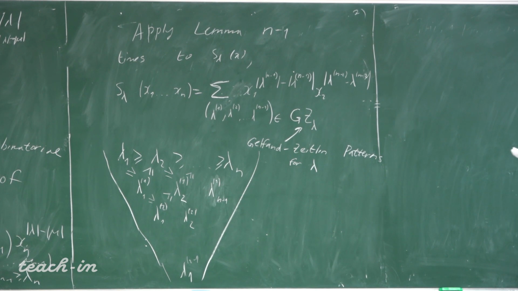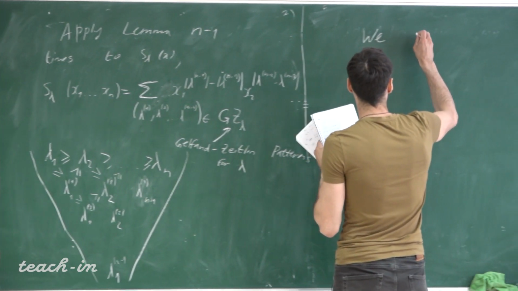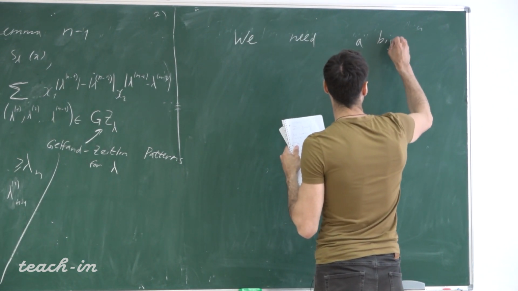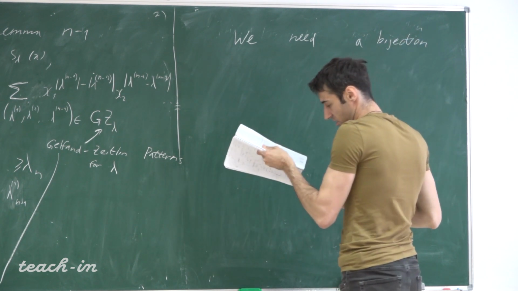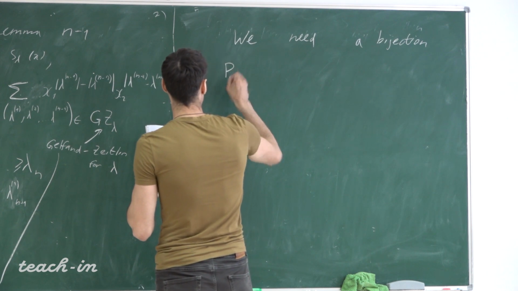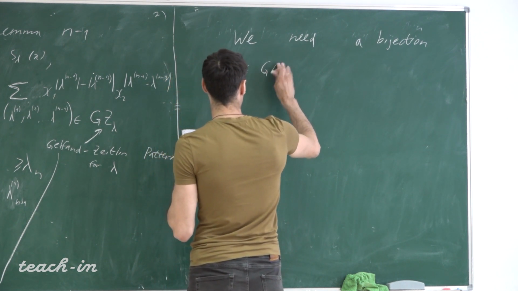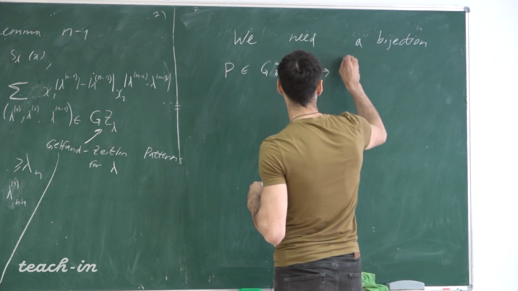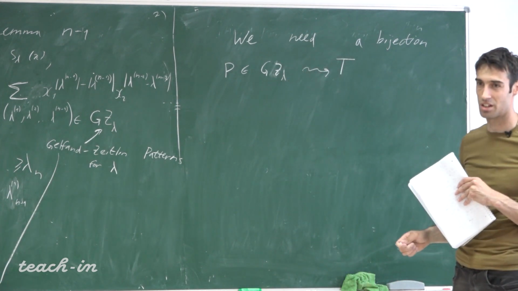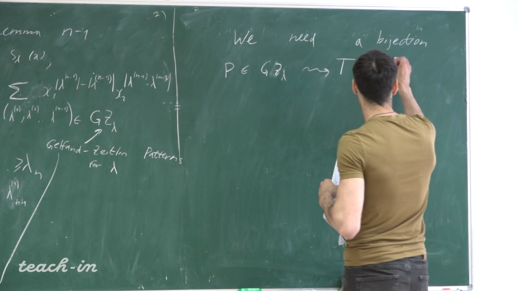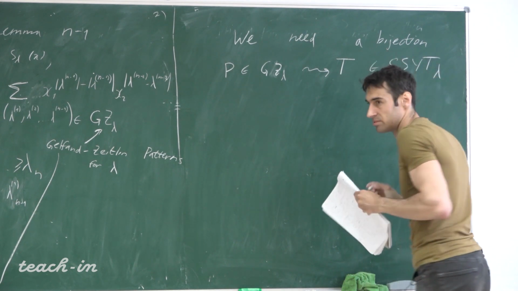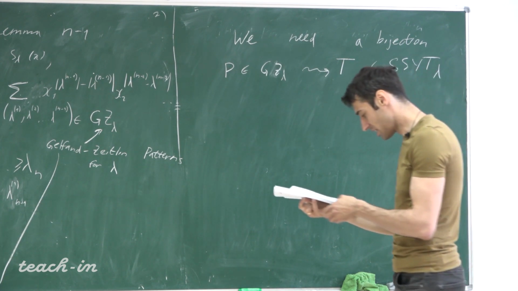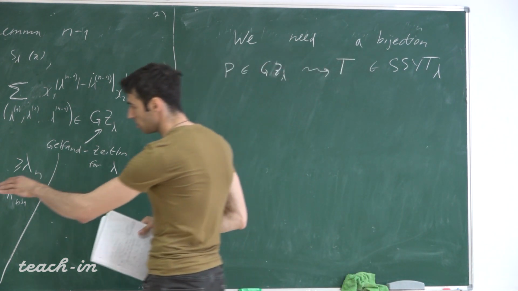All right. So we need a bijection. If you take some Gelfand-Zeitlin pattern of shape lambda, you need to construct a corresponding semistandard Young tableau of shape lambda. How to do that? So you have a bunch of diagrams.